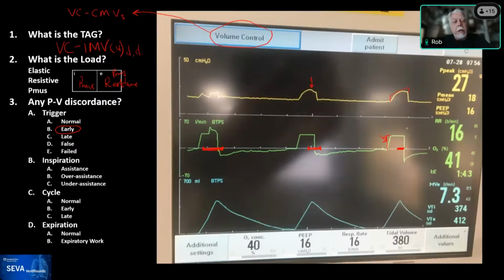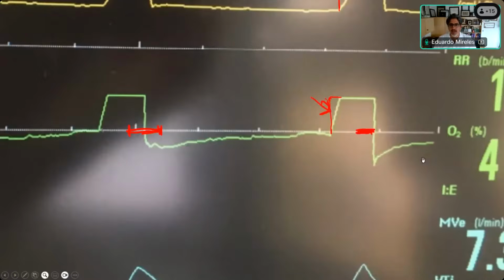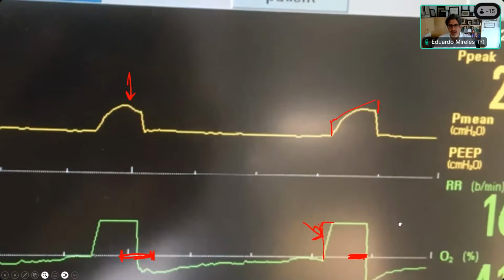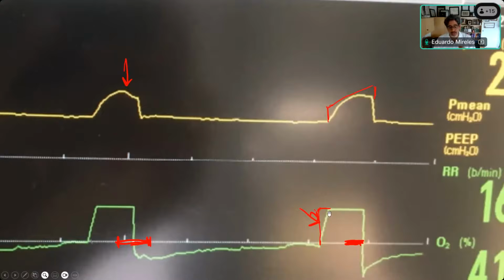It's a slanted rise in flow, and that causes a slanted rise in pressure as well. I just drew this for the sake of clarity on the discussion here. And don't ask me what's the benefit of changing the rise time on a passive patient in general, but whatever. For whatever reason, we decided to do that.